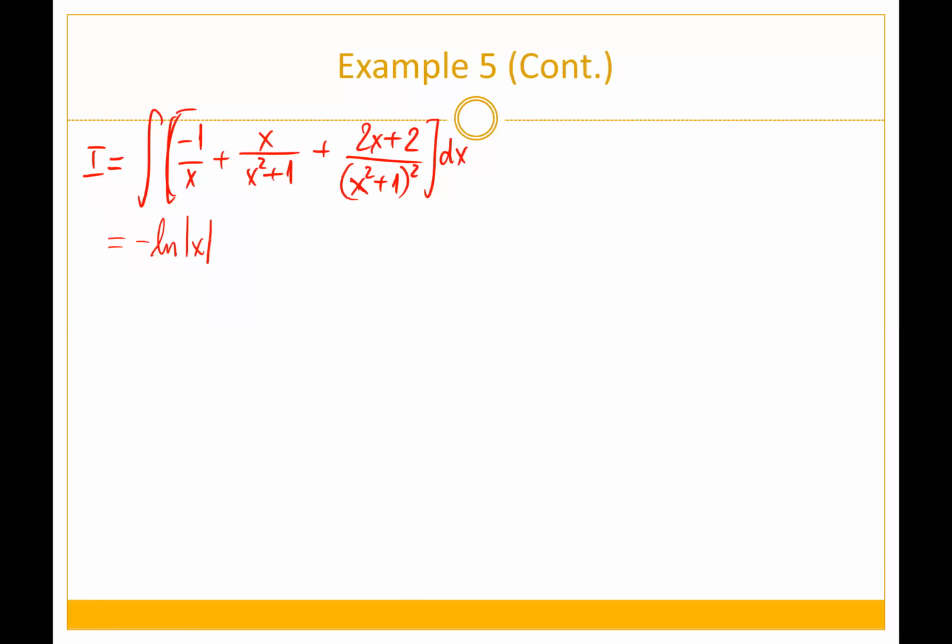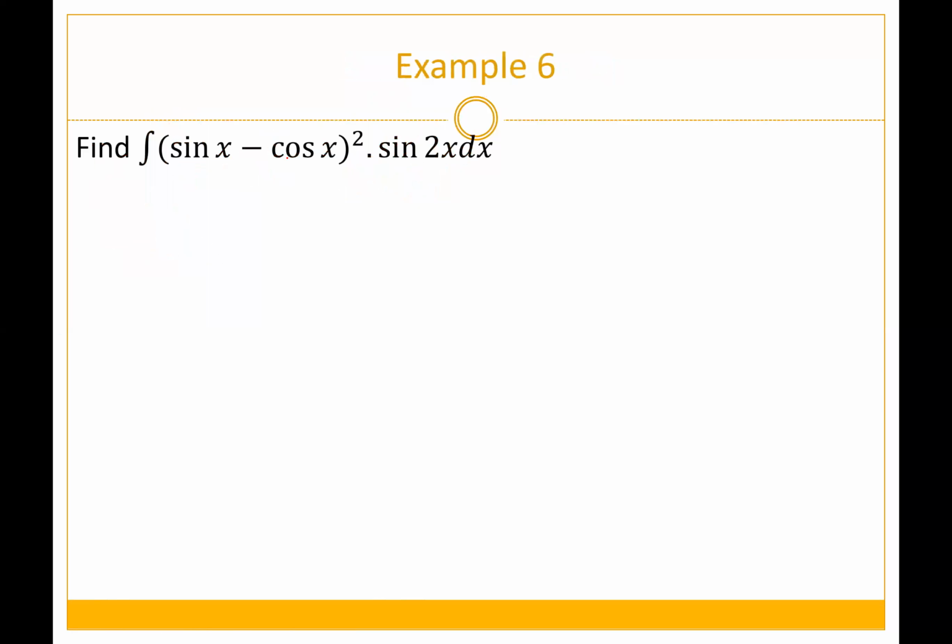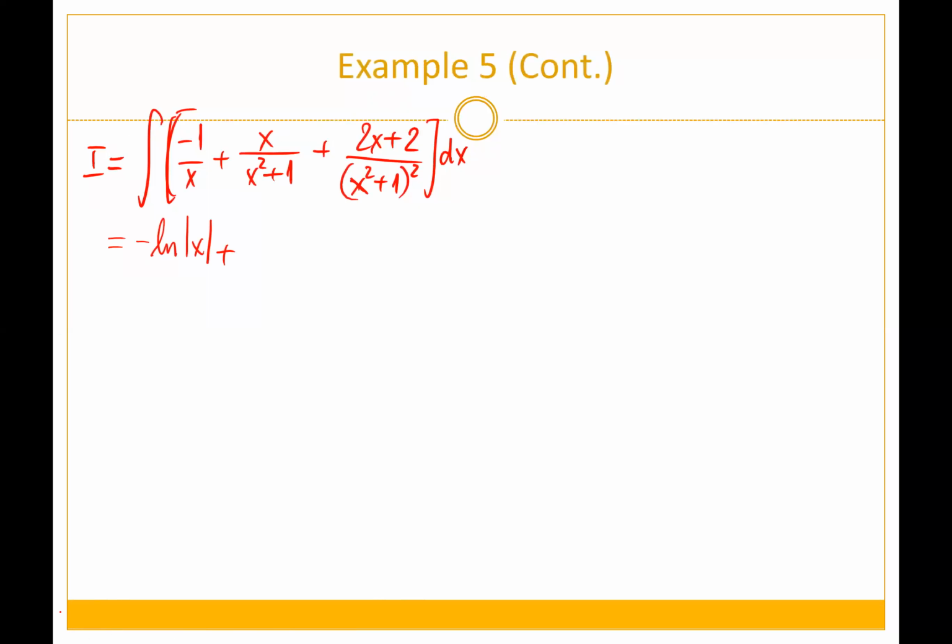ln of absolute value of x, plus this part is where you're going to use u substitution. So if you put u as x squared plus 1, then you can easily see that du is equal to x dx. Then you're going to have this one equal to half of ln x squared plus 1.